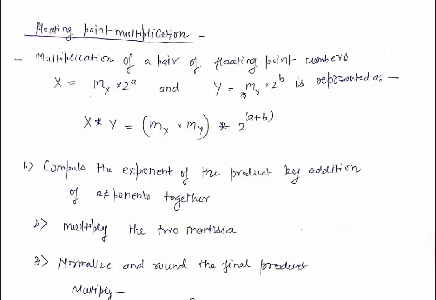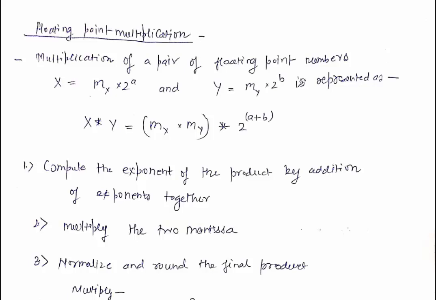Another number is y equal to my multiplied by 2 raised to power b, where my is the mantissa of y and b is the exponent of this number. Now we have to multiply this pair of floating point numbers, mx into 2 raised to power a and my into 2 raised to power b.